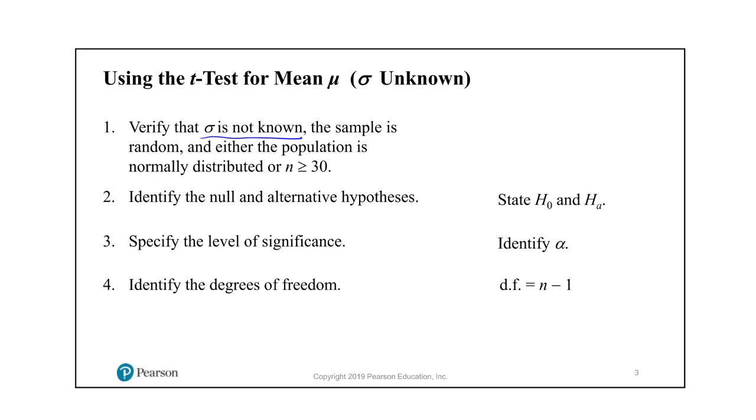So again, like before, we're going to identify the null and alternative hypotheses, H0 and H sub A. We'll specify the level of significance alpha. We also need to make note of the degrees of freedom, one less than the sample size.